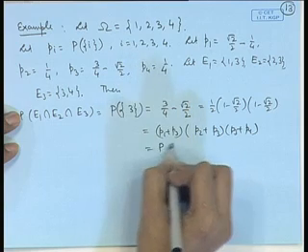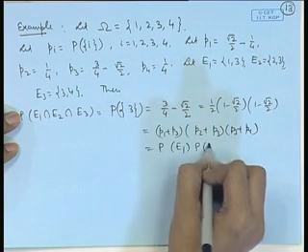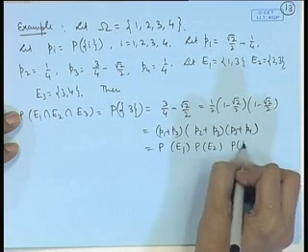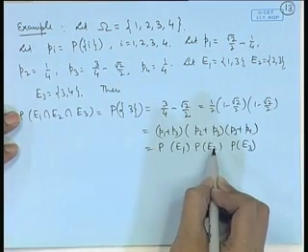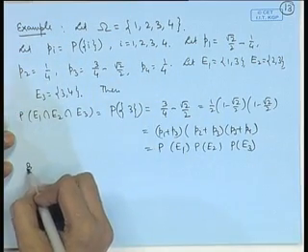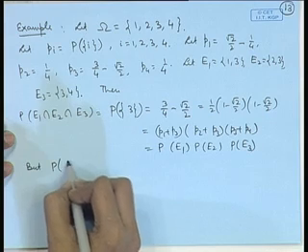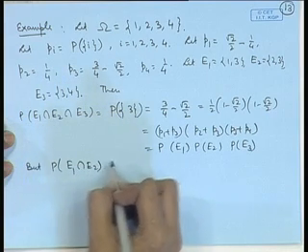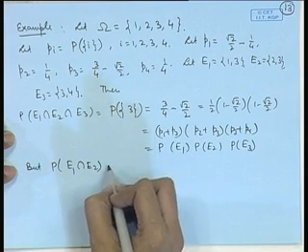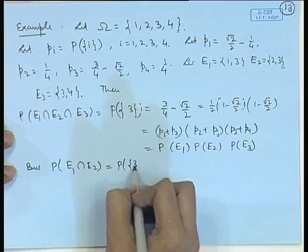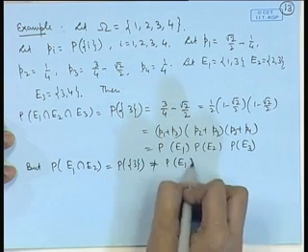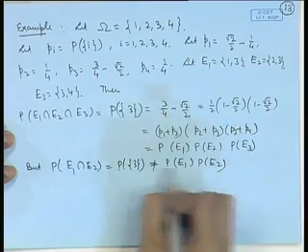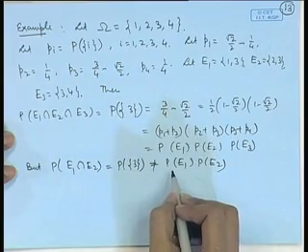So this is equal to probability of E1 into probability of E2 into probability of E3. So the last condition for the independence of E1, E2, E3 is satisfied. But if I look at probability of E1 intersection E2, then that is also equal to P3, and therefore it is not equal to probability of E1 into probability of E2. Therefore the conditions for the independence are not satisfied here.